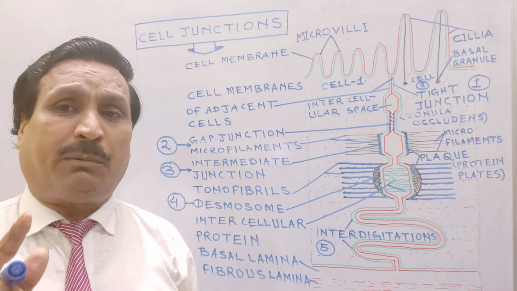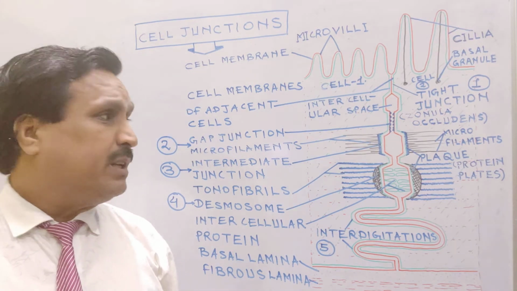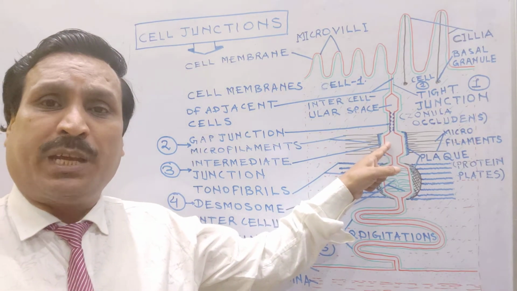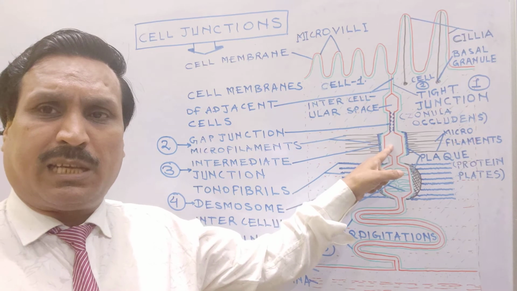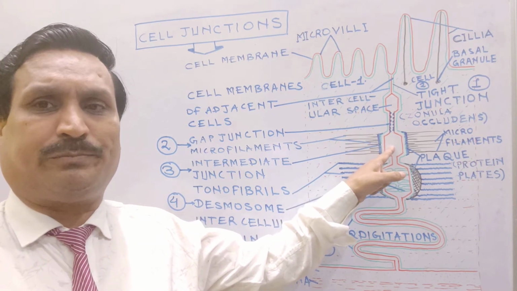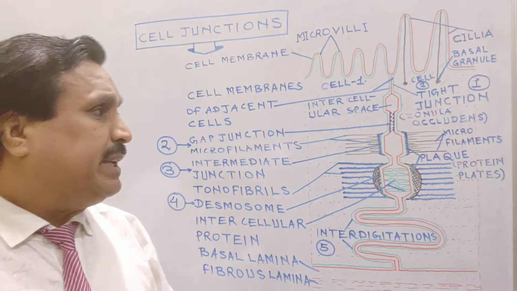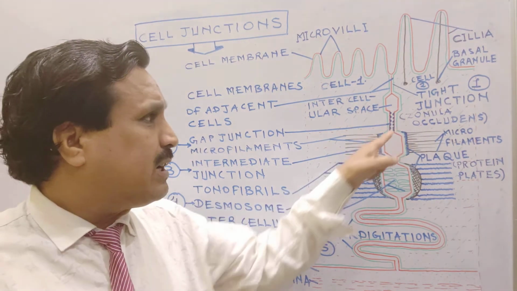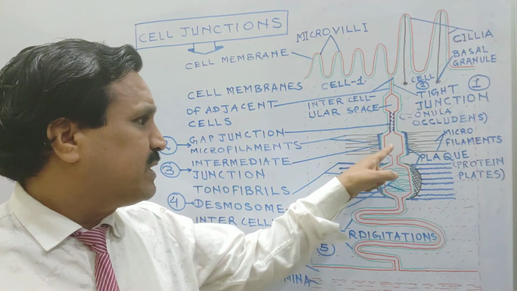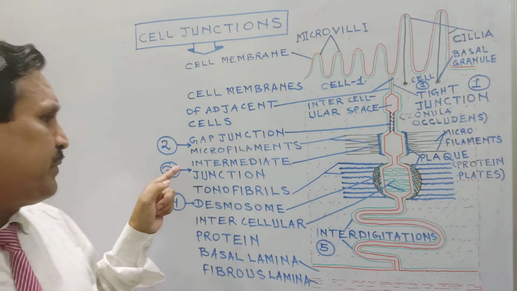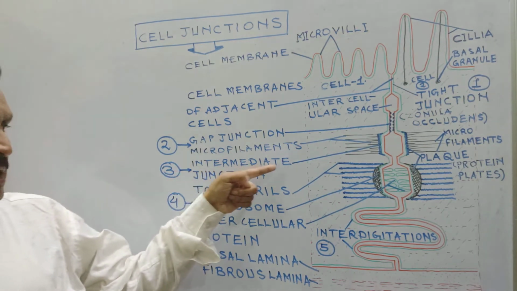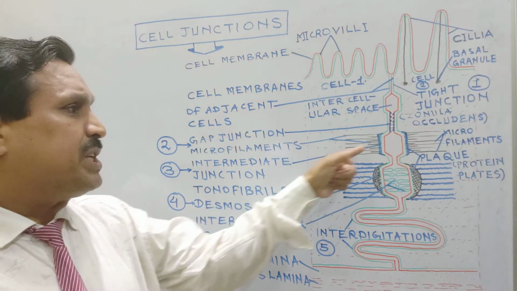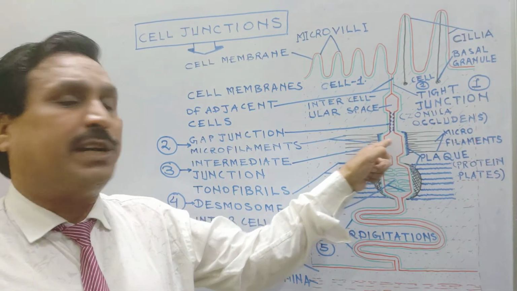Second important thing about intermediate junction: it is an adhering junction. That is why intermediate junction is also known as zonula adherens, as it contributes in adherence of two adjacent cells.